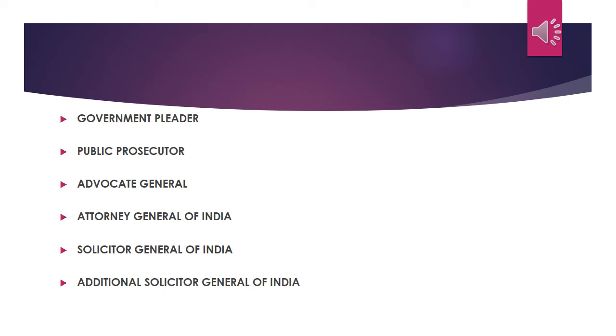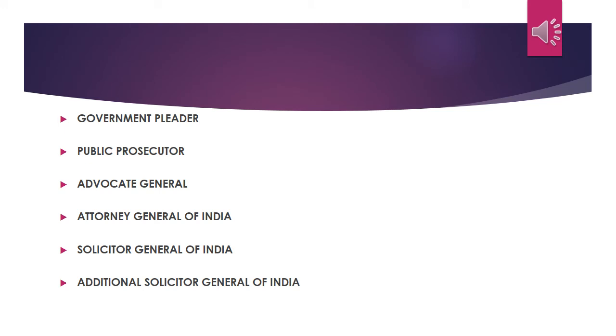The Solicitor General of India is the second highest legal officer of the country. His work is to assist the Attorney General in the proceedings and in all the paperwork.